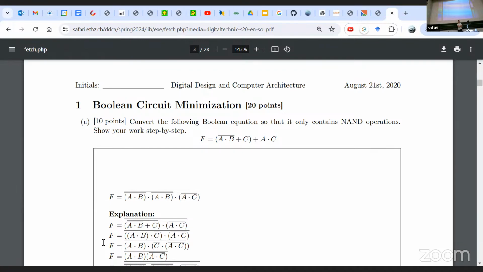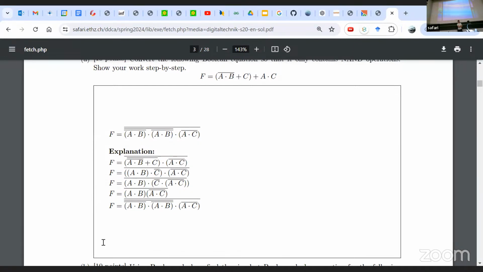Now, okay, nice. Sorry, we forgot the entire inversion here. So this one cancels to A and B and C not. This one is A and C not, and the entire thing is inverted.